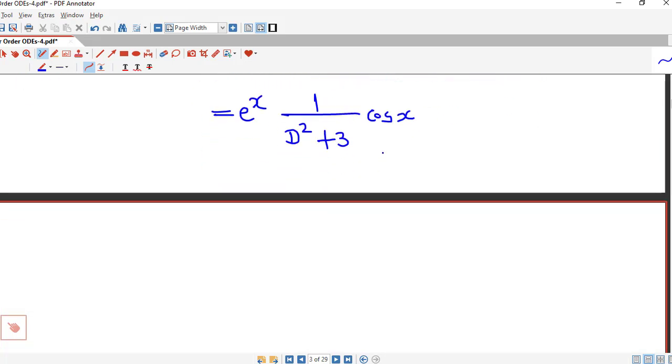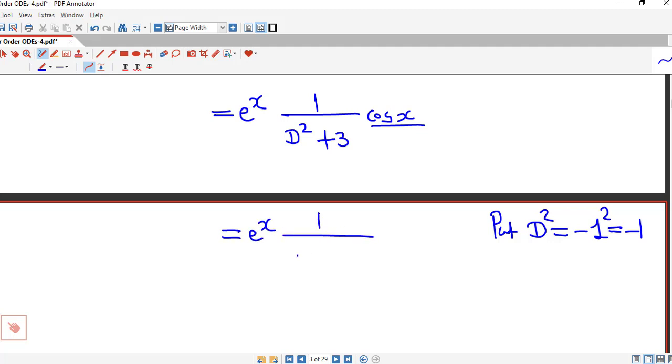Now here we have cos x, the coefficient of x is 1, so as we know we have to replace D square by minus of a square. Here the coefficient of x is a, that is 1, so we replace D square by minus 1, and we can see it is negative, so here minus 1 plus 3, cos x.